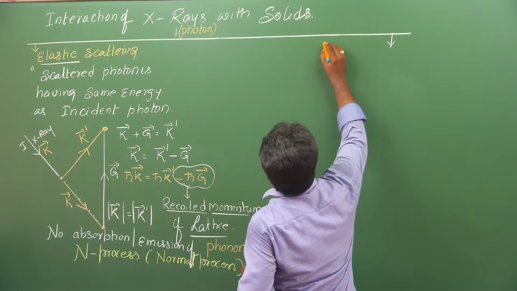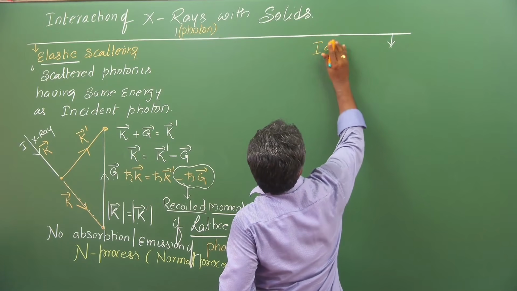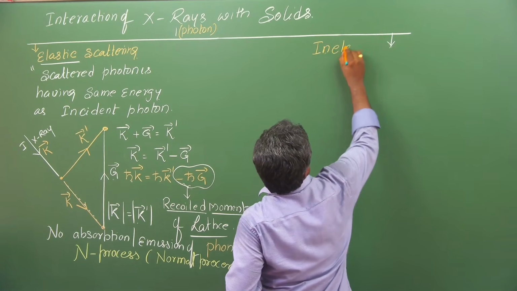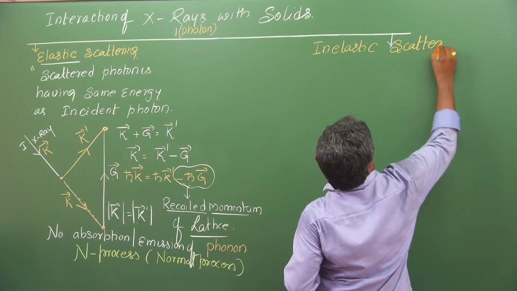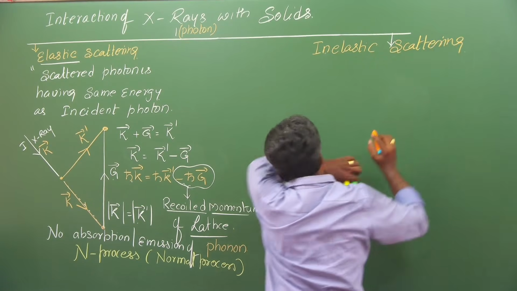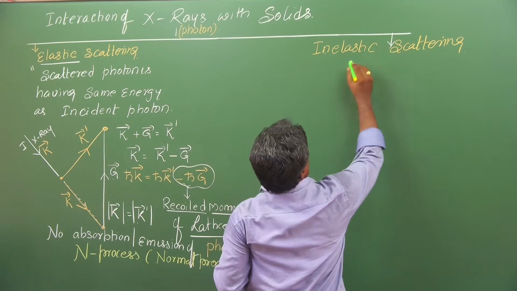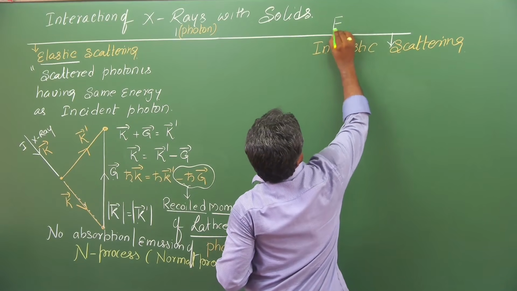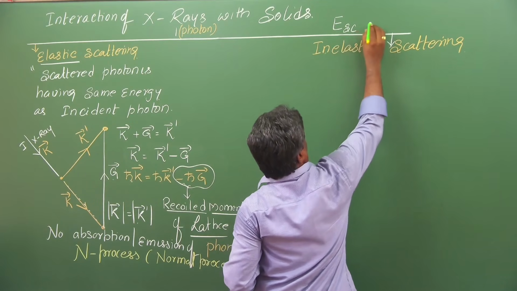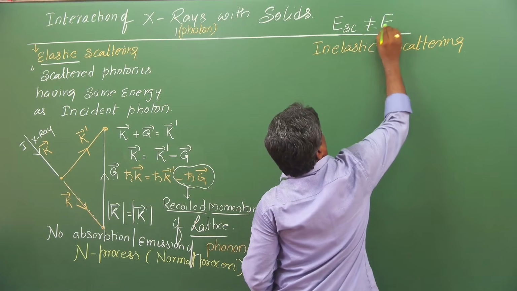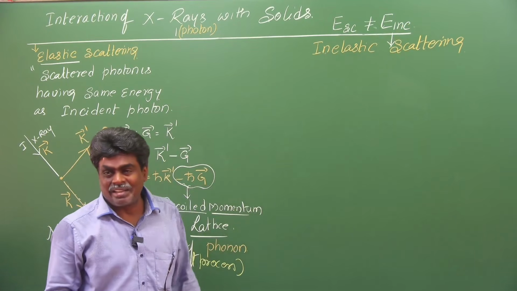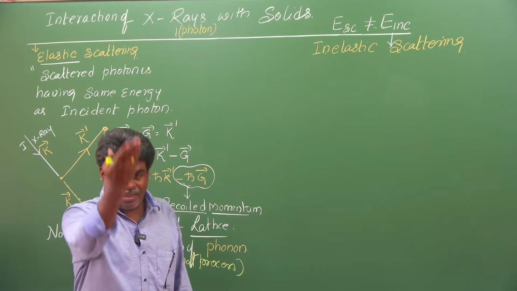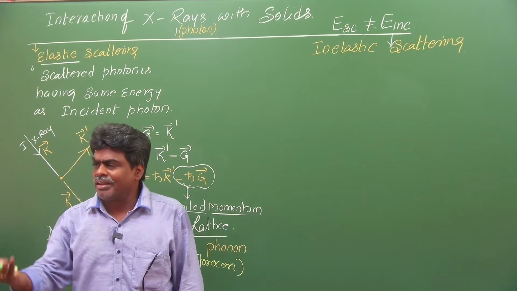So here we have inelastic scattering. This is very important. Inelastic scattering. I hope you understand the meaning of inelastic scattering. The energy of a scattered photon is definitely not equal to the energy of the incident photon. Why is it not equal? Common sense. It may be absorbing or it may be releasing some energy.